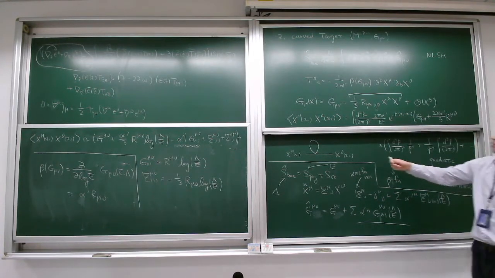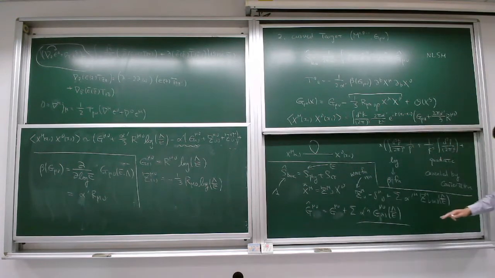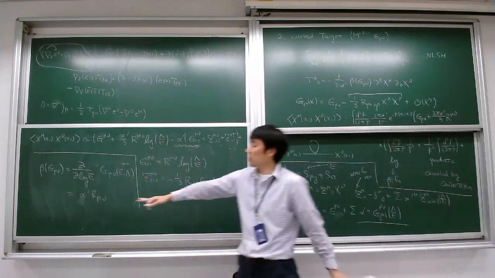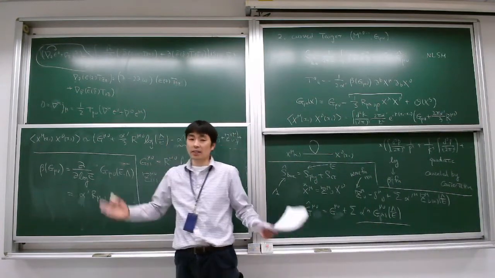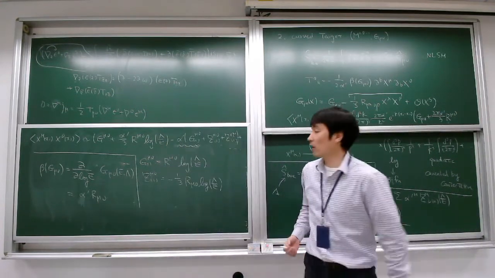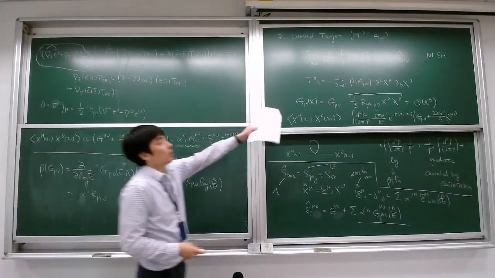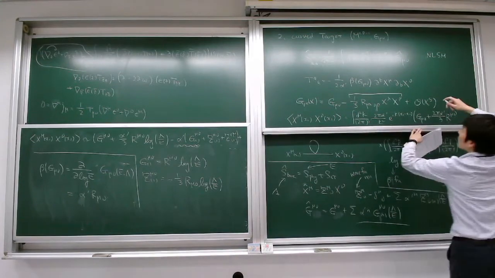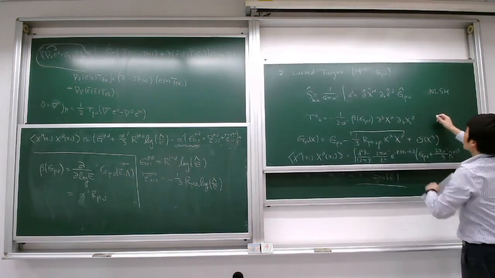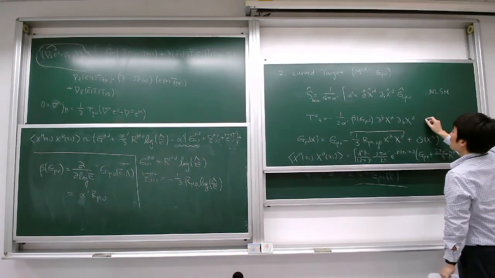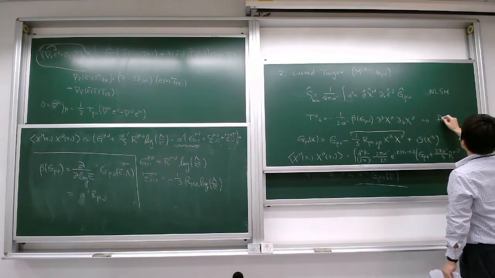And then if you do the loop integral, the leading term always depends on the Ricci tensor R mu nu, and this R mu nu really contributes to the beta function. That's the essence of this loop correction. And in order for the theory to be free from Weyl anomaly, this has to be zero.